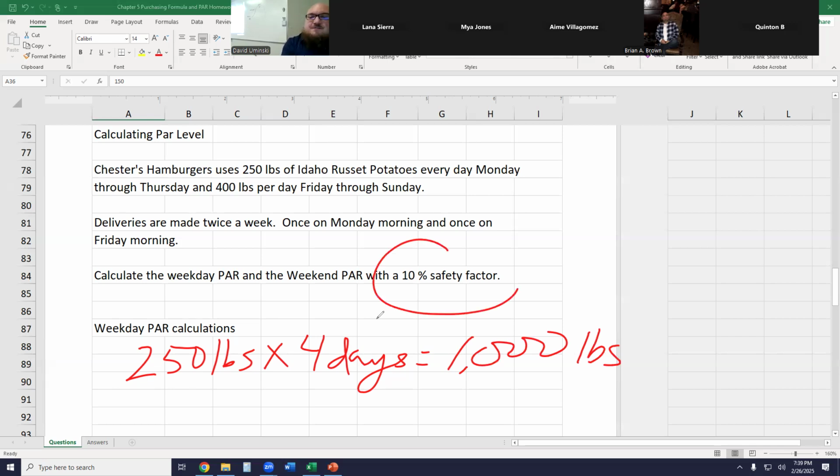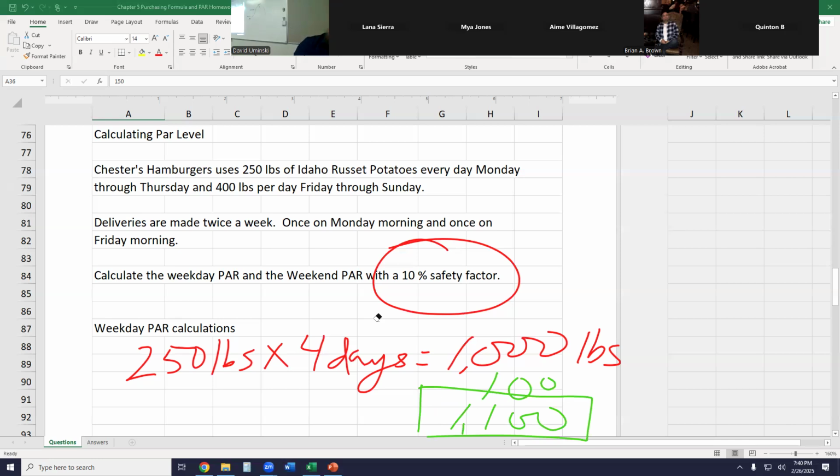Now, this problem right here throws in this concept of a safety factor. A 10% safety factor means you want to add 10% just in case we're a little bit busier than we thought we were going to be. So what is 10% of 1,000? 100. We add those together, and our weekday par is 1,100 pounds.